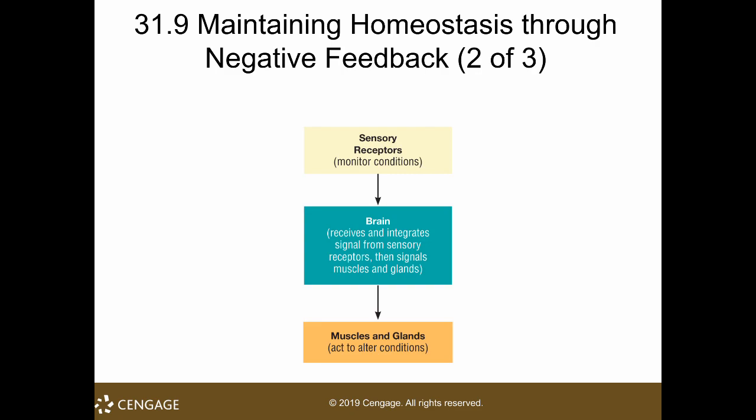Once that temperature has been achieved, the sensors in the air conditioner will tell the circuitry that the temperature of 20 has been achieved. So now the air conditioner will shut itself off for a while, because it's already done its job and maintained your 20 degrees. So it will no longer output excessive cold air.